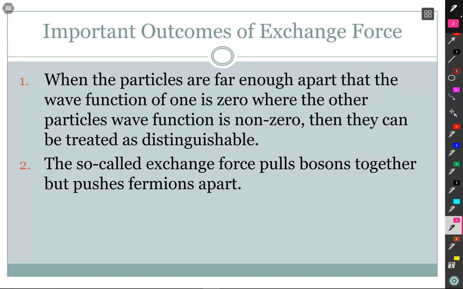So important outcomes. When the particles are far enough apart that the wave function of one is 0 where the other particle's wave function is non-zero, then we consider them distinguishable. So to take as an example, in theory, a hydrogen atom here in this room, its electron has a certain probability of being on the moon. How big is that certain probability?